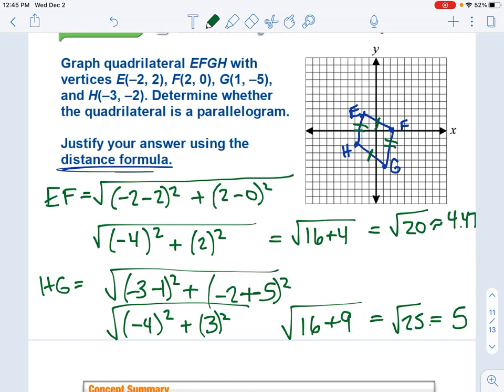You can if you want, but your distances are different here. So we know this is not a parallelogram because these sides are not congruent lengths. EH and FG might be congruent, but now it doesn't matter because our two opposite sides, EF and HG, are not congruent.